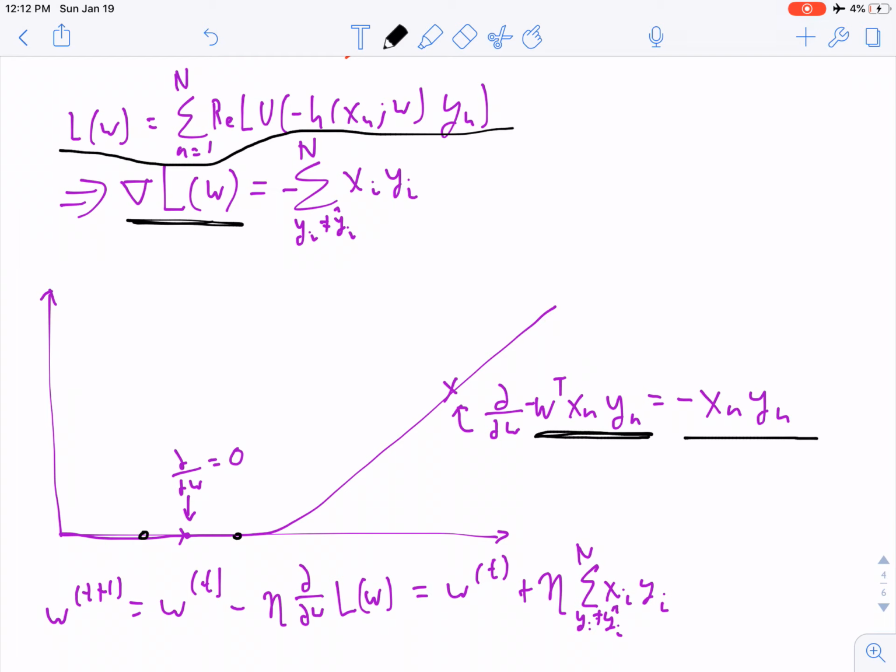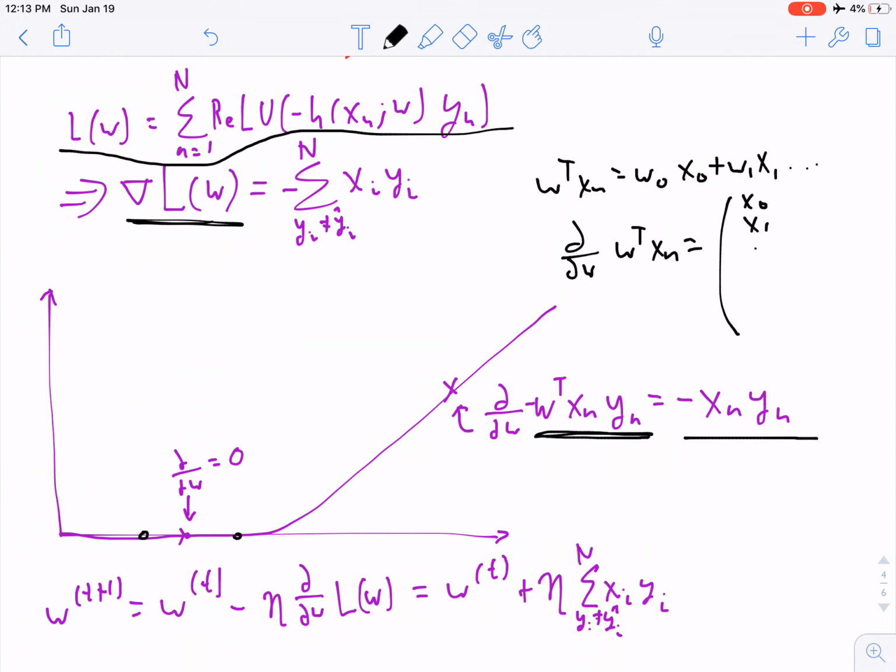The gradient is the vector of all the derivatives, and W^T xn just equals W0 x0 plus W1 x1, etc. So the partial of W^T xn with respect to W equals first the derivative with respect to W0, which is just x0, then the derivative with respect to W1, which is just x1, all the way down.